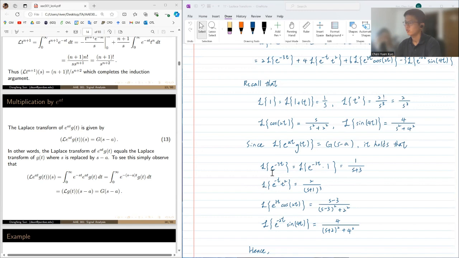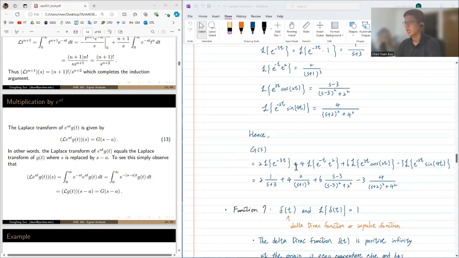And the Laplace transform of e to the negative t times t squared will give us 2 over s plus 1 cubed. And the Laplace transform of e to the 3t times cosine of 2t will give us s minus 3 over s minus 3 squared plus 2 squared. And the Laplace transform of e to the negative 2t times sine of 4t will equal 4 over s plus 2 squared plus 4 squared.